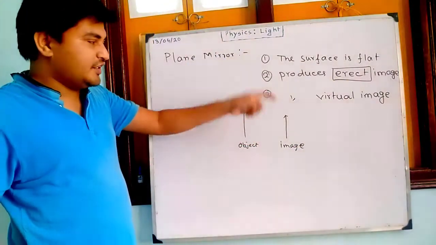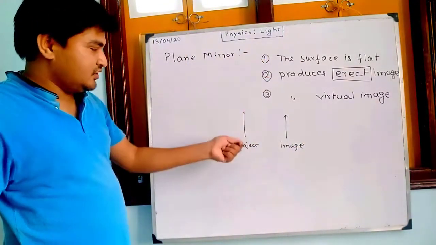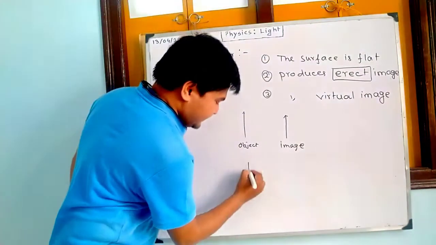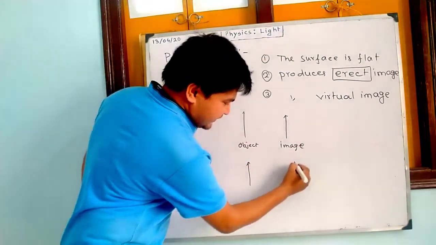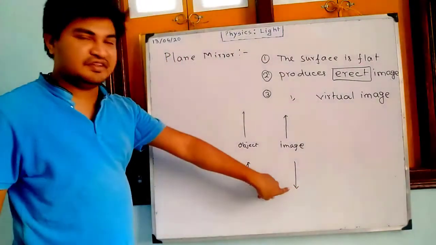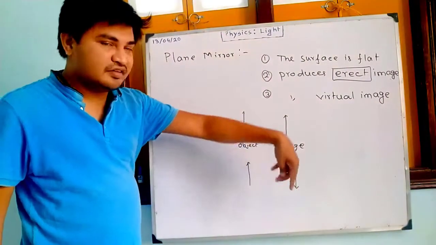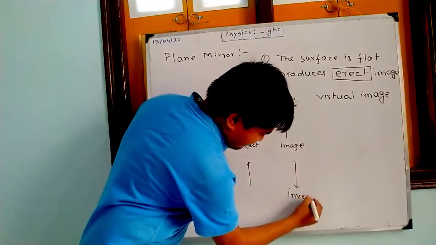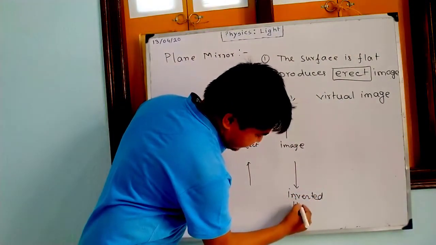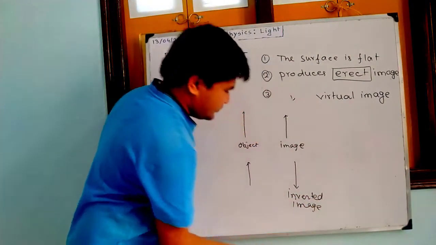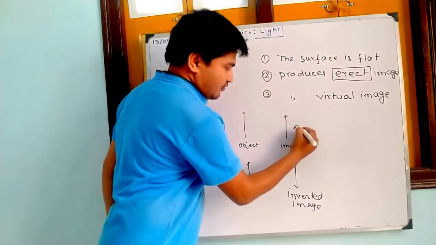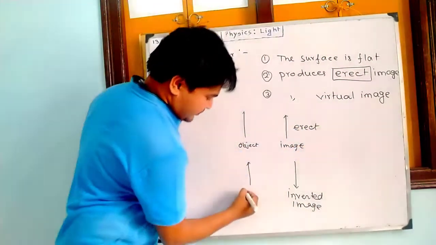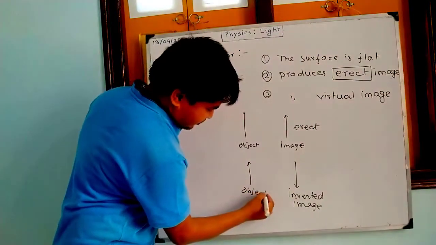Head in the upward direction, the head is also in the upward direction. And if the head is in the upward direction in the object and in the downward direction in the image, then this is called an inverted image. This is the erect image of the object.